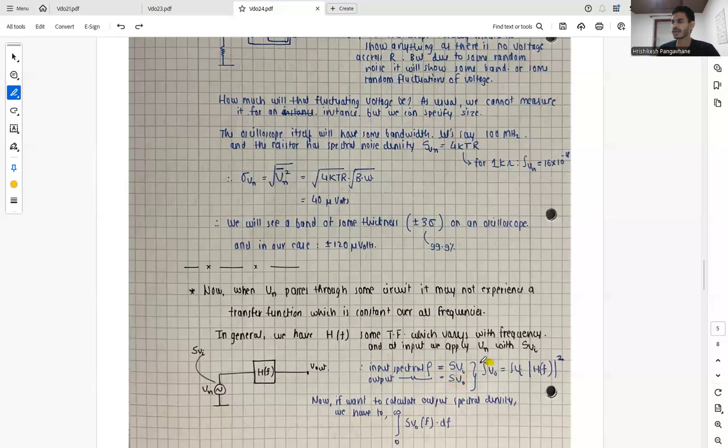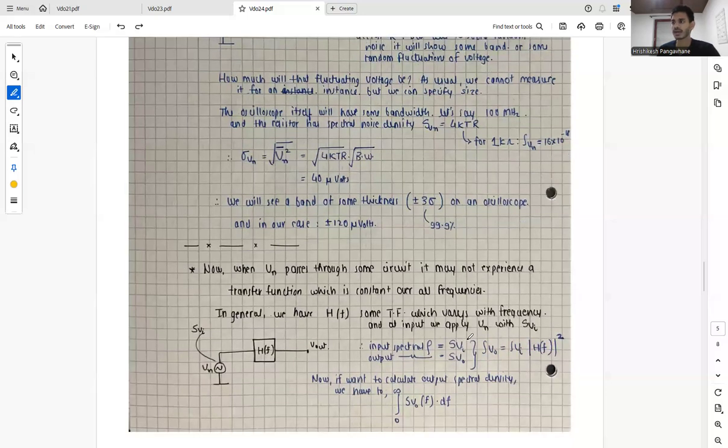And we can find S_V naught equals S_VI times magnitude of H(f) squared, as S_VN or S_VI are squared values and uncorrelated values. So we can find that S_V naught equals S_VI times magnitude of H(f) squared.